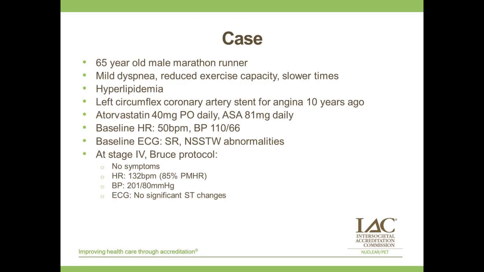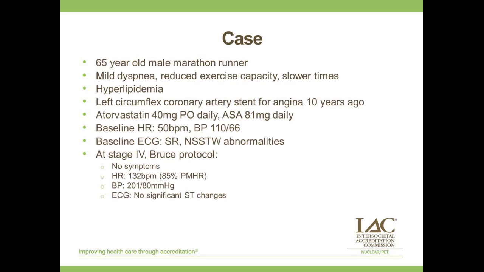If any of you are runners out there, you recognize this as just a horrible thing that happens to some runners. Runners are acutely aware of their finish times of any race, and so this is a marked change for this 65-year-old marathoner. He also has hyperlipidemia.